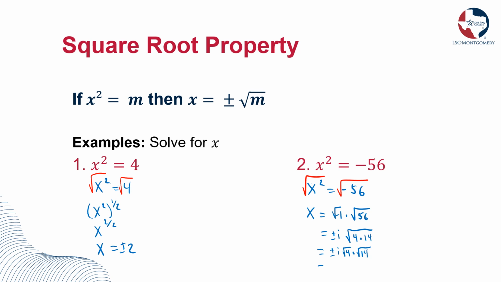So essentially this becomes plus or minus 2i square root of 14, and that's equal to x. Now, square root of 14 is not a perfect square, and it could be simplified, but the only factors of 14 we know are 7 and 2, and none of those are perfect squares. So we leave our answer as x equals plus or minus 2i times square root of 14.